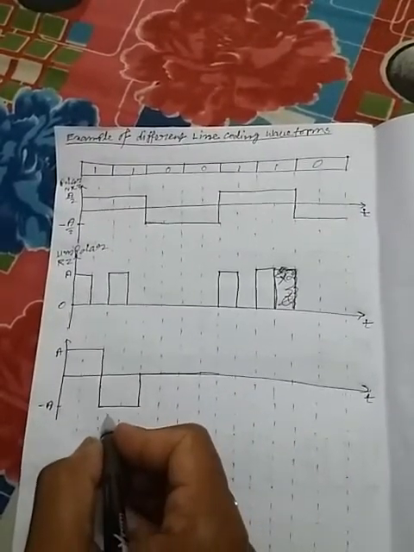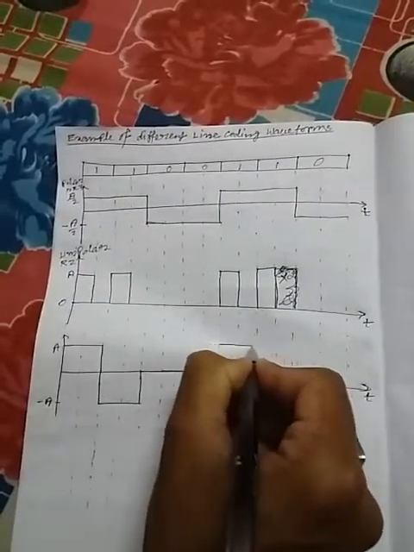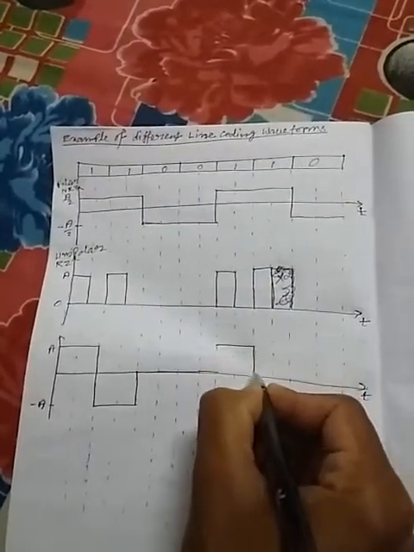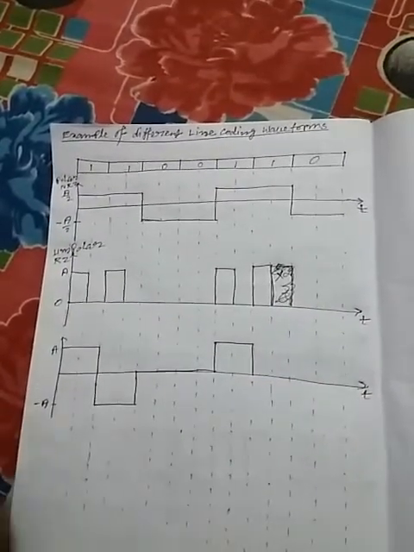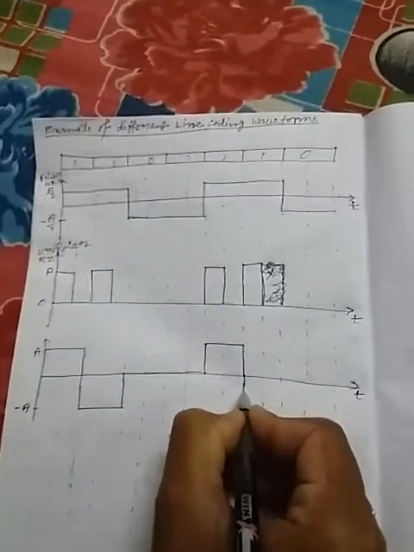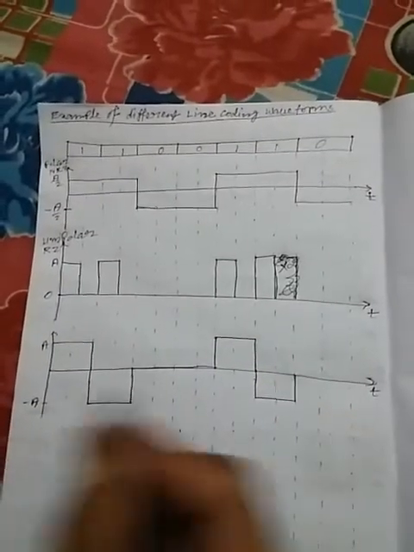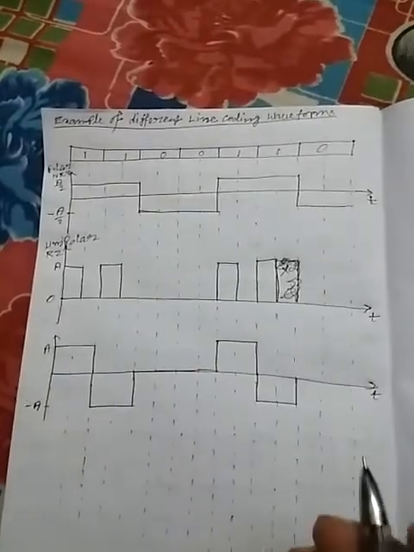Here it is minus A, so the next will be plus A. Now the next one will be minus A. So it just alternates its amplitude for every high bit.